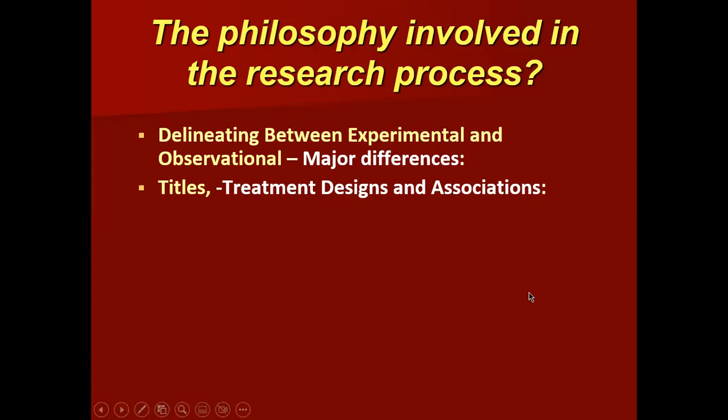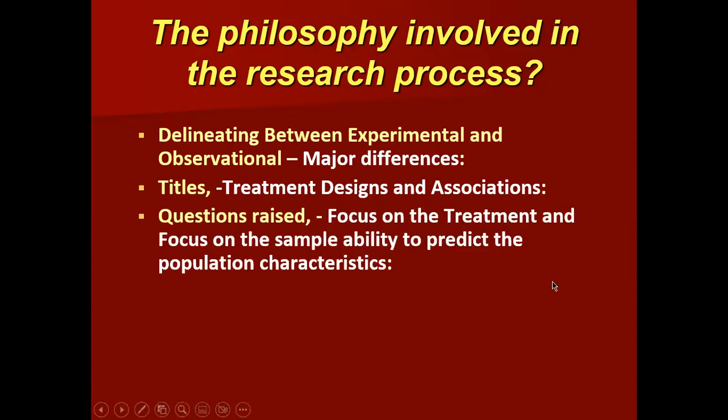So the title for an experimental design focuses on treatment, whereas for observational design, like a cross-sectional design, associations are desired. We want to identify the types of association that exist and predictors of the final output or the outcome variable. Questions raised are different also.